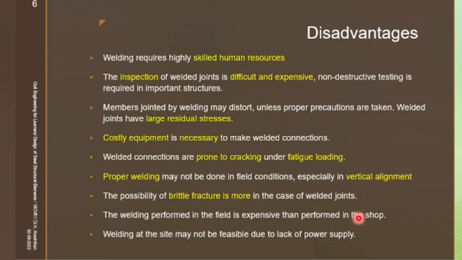If power is not there, it is difficult; work will be completely stopped. But if you are using bolts, whether you have power or not, there is no issue. You can constantly work. Whereas in concrete, do you need power? If power is not there, you can do a manual mix and complete the project. So this is the disadvantage: welding has a power supply requirement.